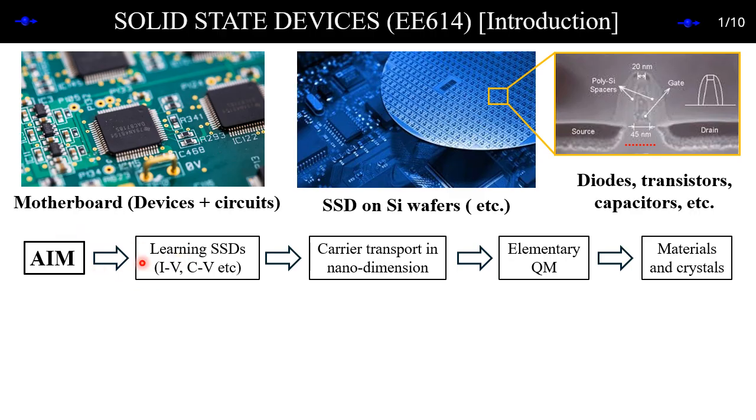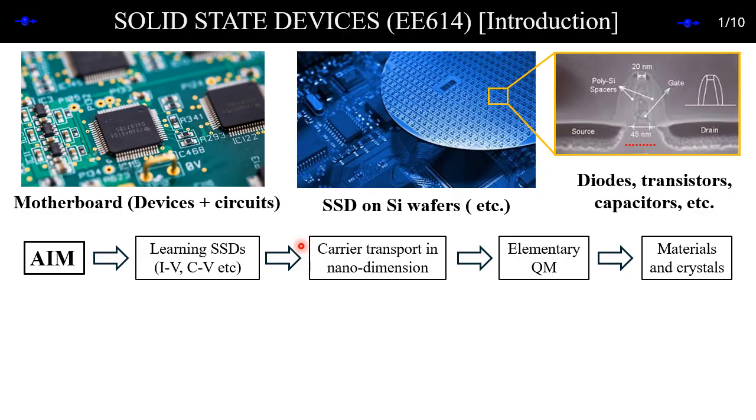So when I say we need to know the fundamentals or working principle of devices, what do I mean? Essentially we need to learn the IV, because you are electrical engineers, right? If we apply voltage, what is the current, and the parameters that determine it, and also the CV.